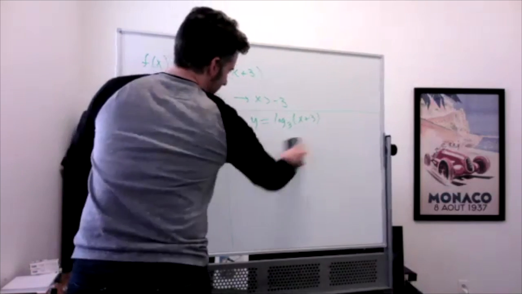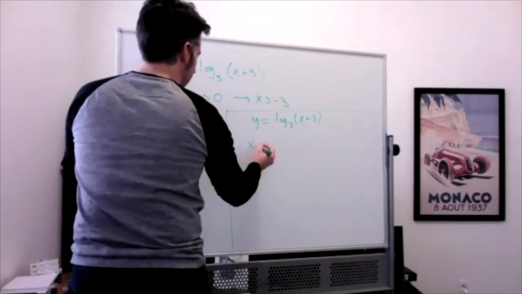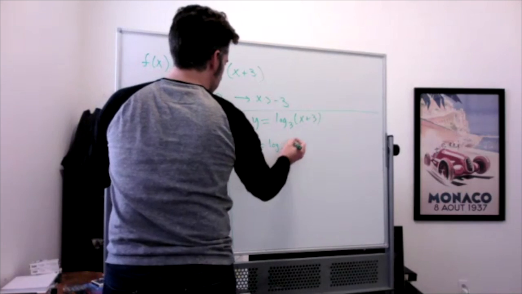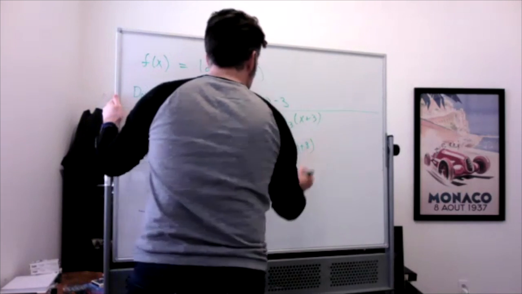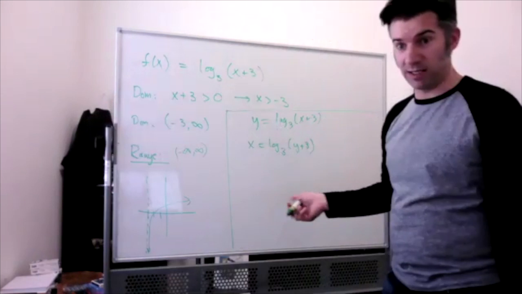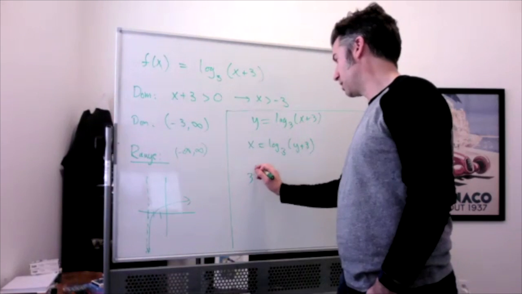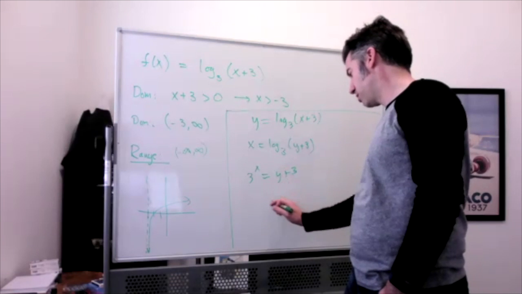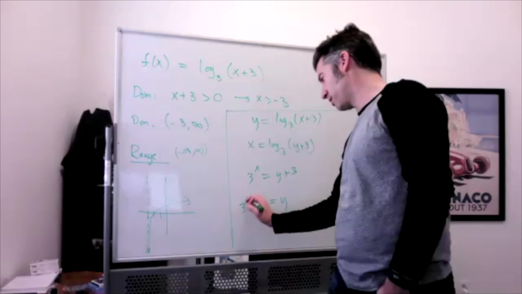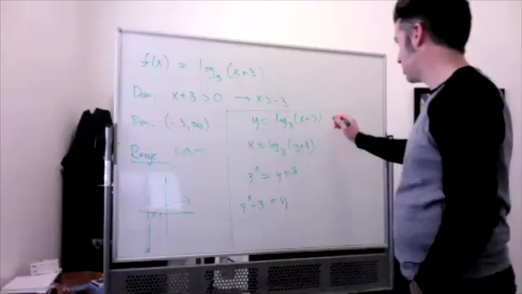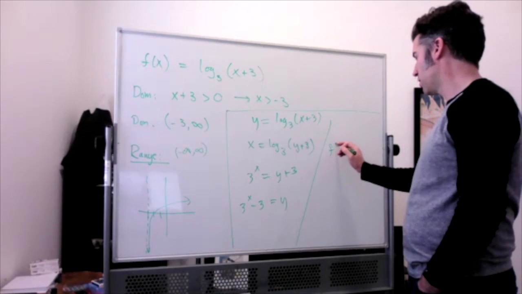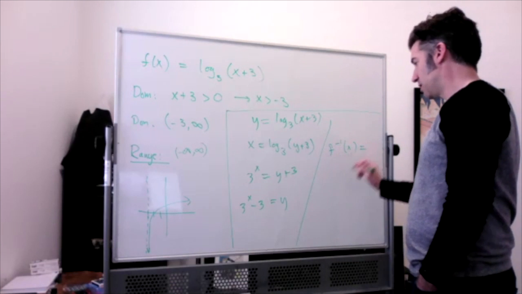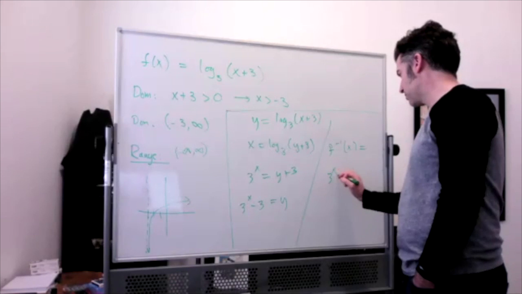You don't have to do that first, but we usually do it first. x equals log base 3 of y plus 3. Then we write it as an exponential. 3 to the x equals y plus 3, and then y equals 3 to the x minus 3. So our inverse function, f inverse of x, is 3 to the x minus 3.